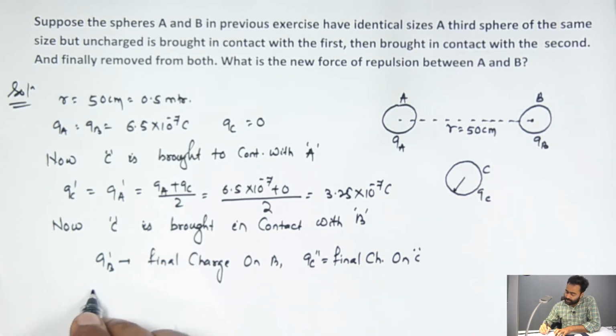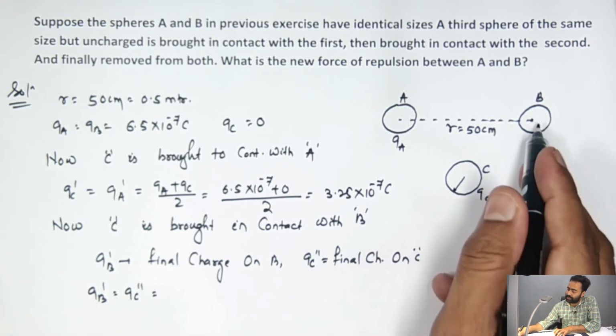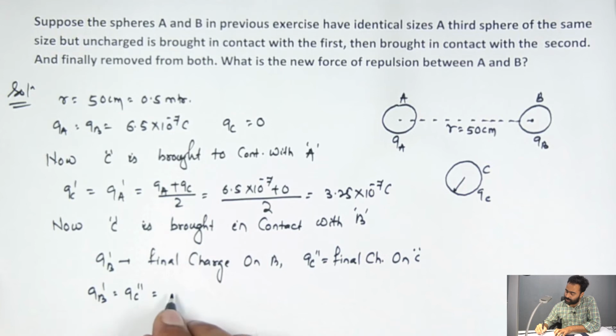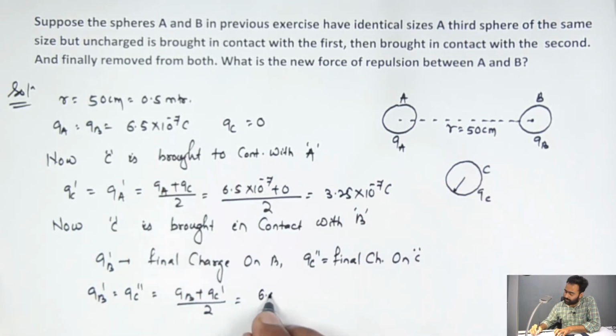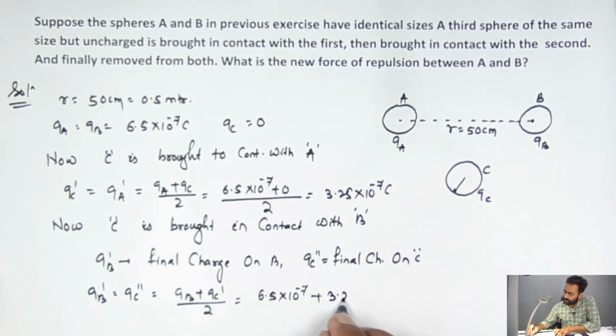So we can write QB dash is equal to QC double dash, which is the average of their initial charges, that is equal to QB plus QC dash by 2. So QB, as you know, is 6.5 into 10 to the power minus 7 plus QC dash, here 3.25 into 10 to the power minus 7, divided by 2.